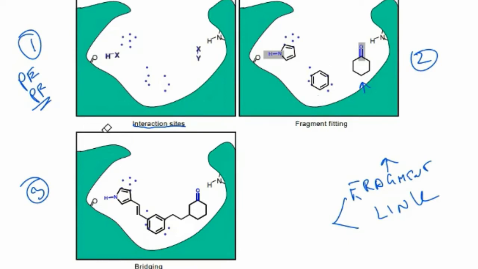If you carefully look at why these three fitted inside, this fragment is complementing the hydrophobic region of the binding site. The benzene ring can participate in aromatic or hydrophobic interaction, so there is a kind of complement there.